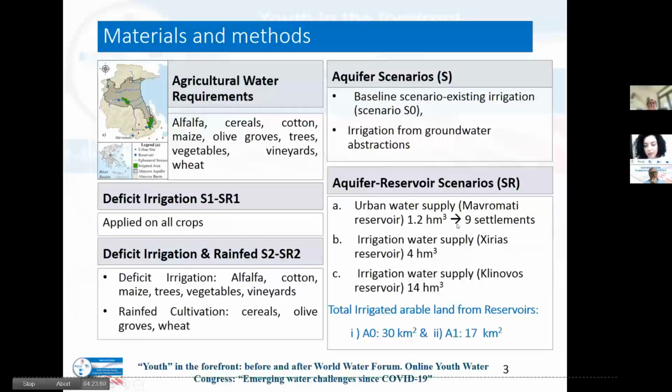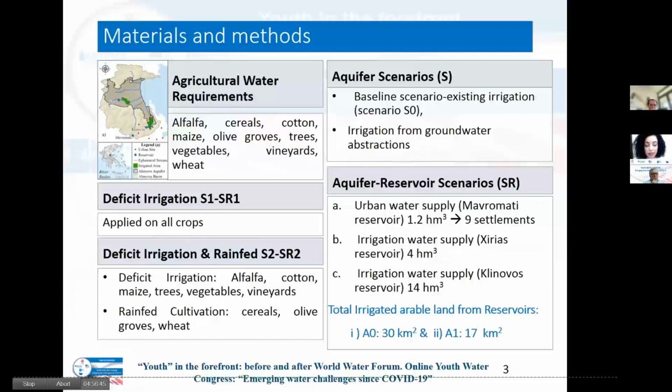The Xyrias Reservoir is intended to supply irrigation water, and its storage capacity is 4 million cubic meters, and the Klinovos Reservoir has a storage capacity of 14 million cubic meters and is also for irrigation. The total irrigated arable land from the reservoirs was examined for 2 cases of irrigated areas, A0 30 square kilometers and A1 17 square kilometers.